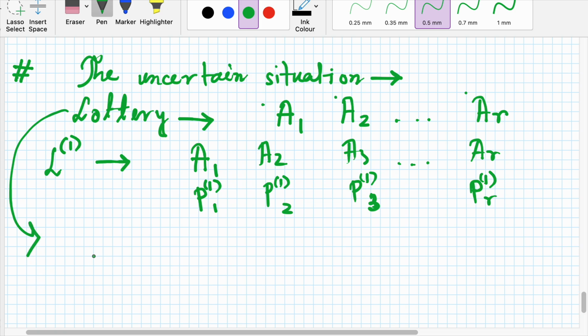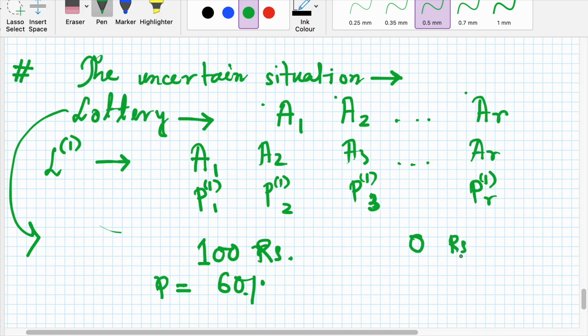Let me give a simple lottery. Suppose I will get 100 rupees with probability 60%, or I will get nothing with probability 40%.